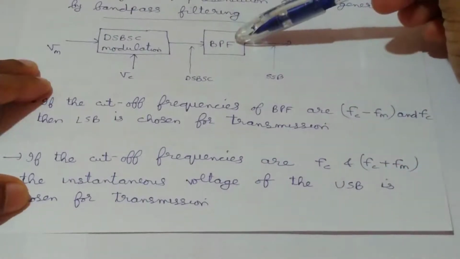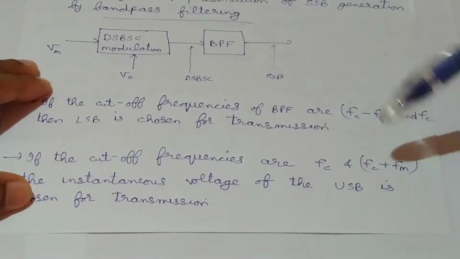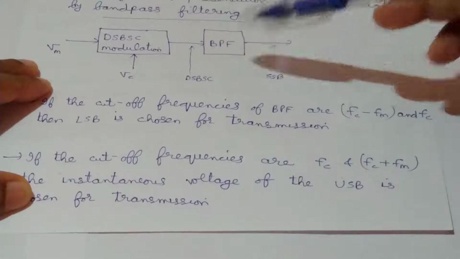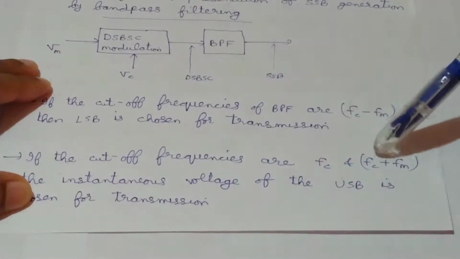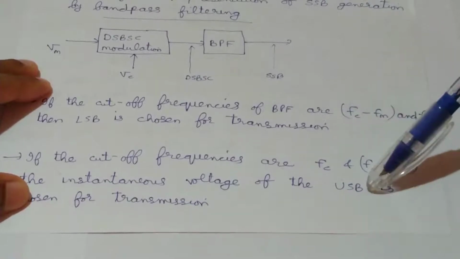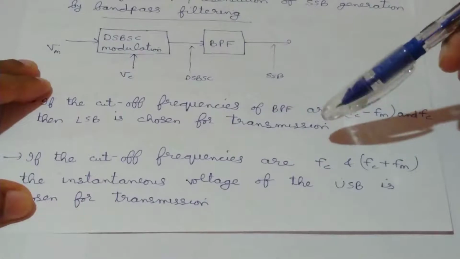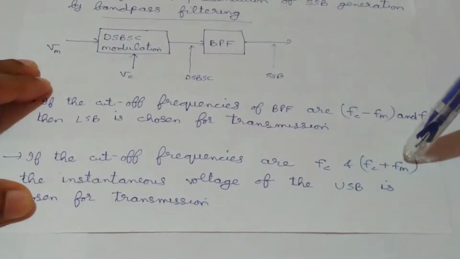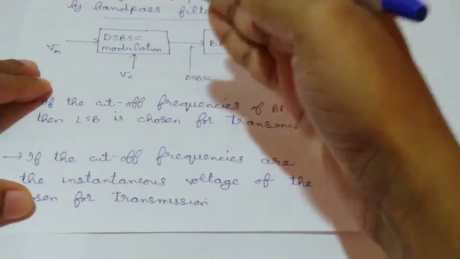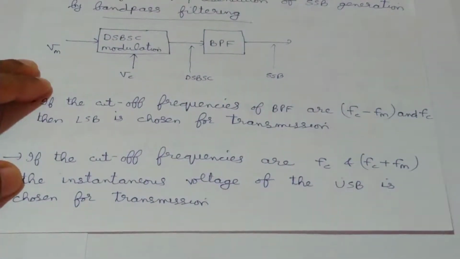Because then this band pass filter will pass only the frequencies between FC and FC plus FM, and that frequency range corresponds to our upper sideband. So the lower sideband portion is removed and only the upper sideband portion is chosen for the transmission.